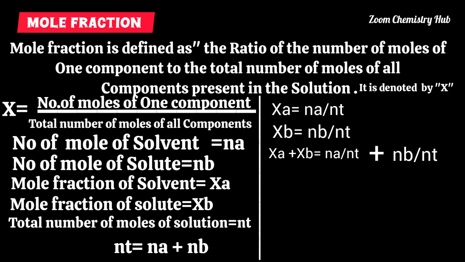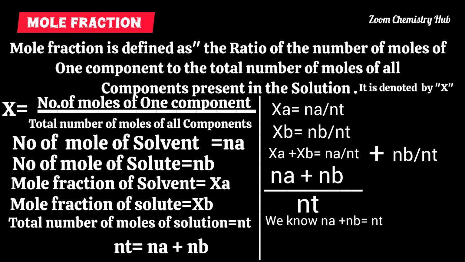Now we will take the LCM of this. So we get Na plus Nb divided by Nt, and at the numerator, Na and Nb together are equal to Nt.